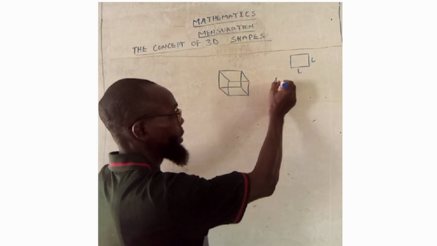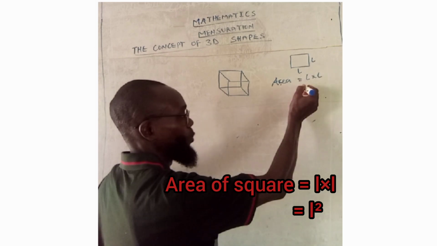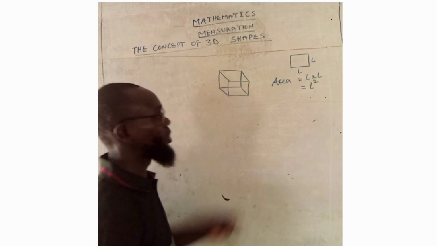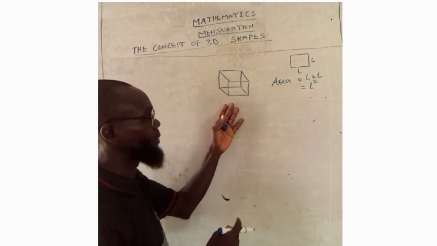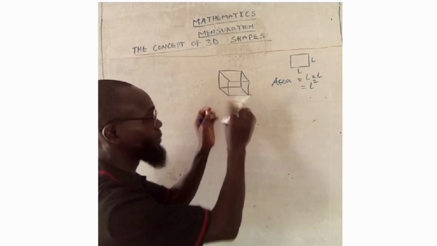The area of a square equals length times length, which is L squared. Now, coming back to a cube, you can get the surface area of a cube from what makes up this cube. A cube is made up of 6 faces.